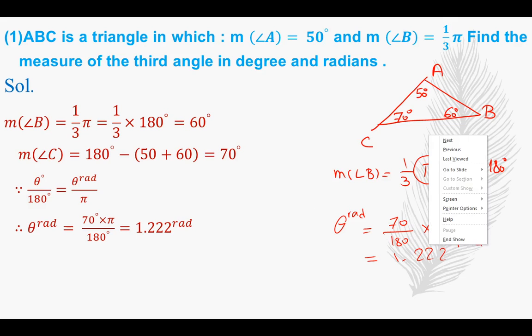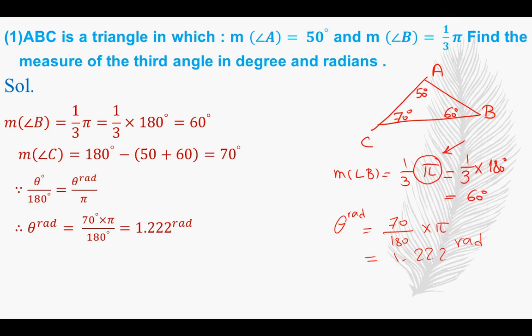Again, the measure of angle B equals 1 over 3 π.